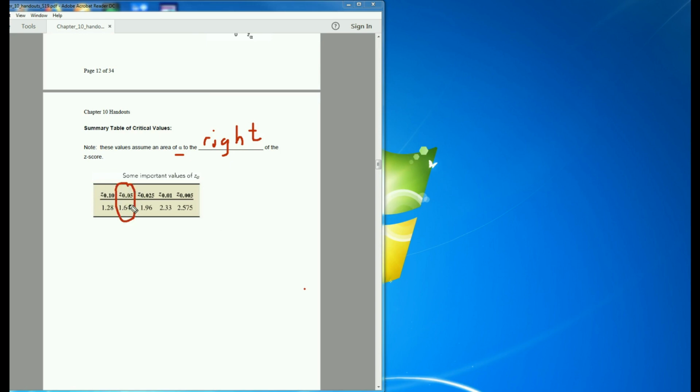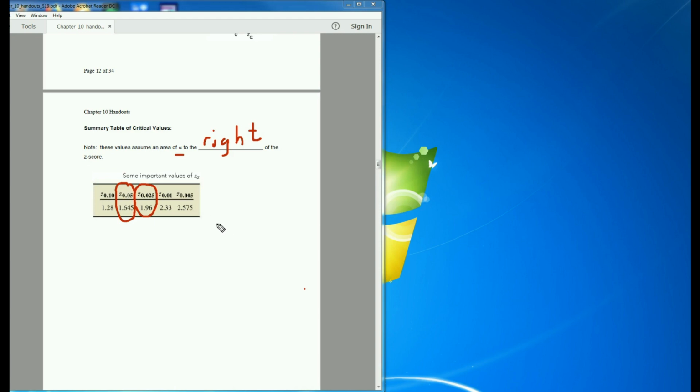Okay. The z-score with 5% area to its right is 1.645. Or for the first case we looked at on the previous page, with 5% divided between two tails. Okay, so a z-score of 1.96 has an area of 0.025 to its right.